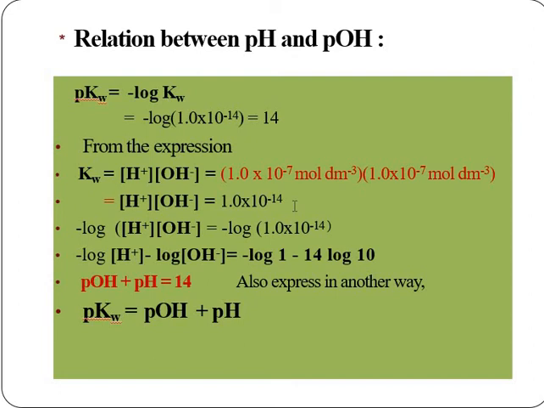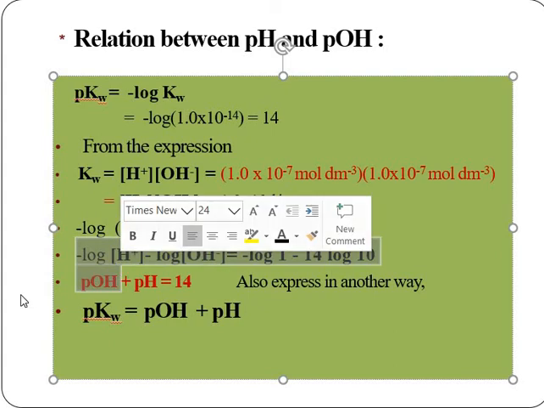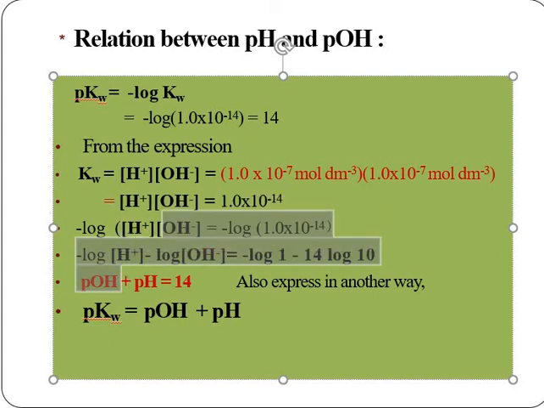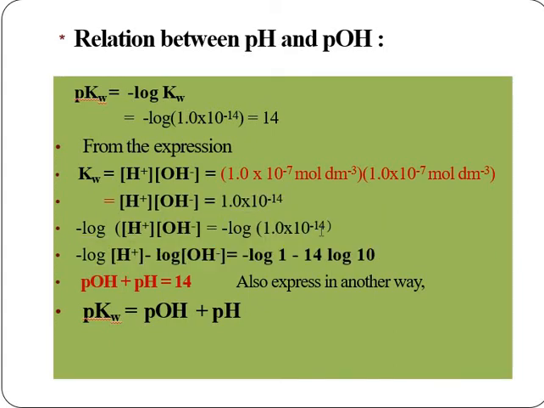Applying minus log to the base 10 on both sides of the equation, you will get minus log of the concentration of H plus ions into the concentration of OH minus ions is equal to minus log of 1 into 10 raised to minus 14.